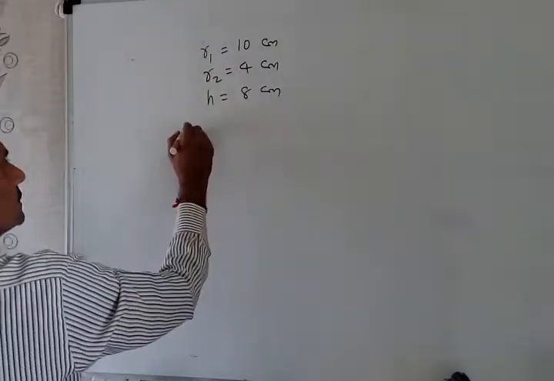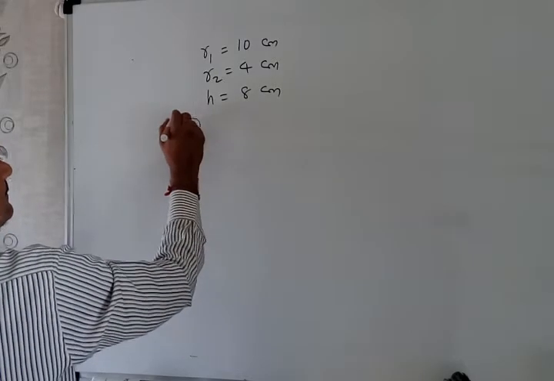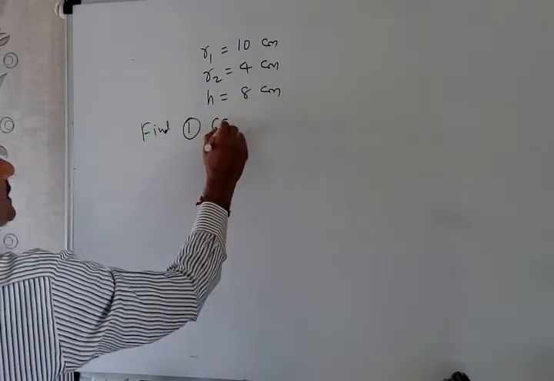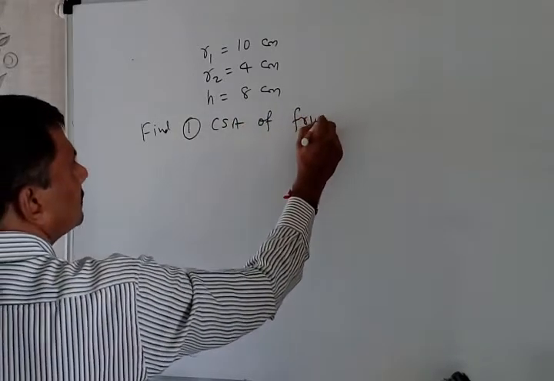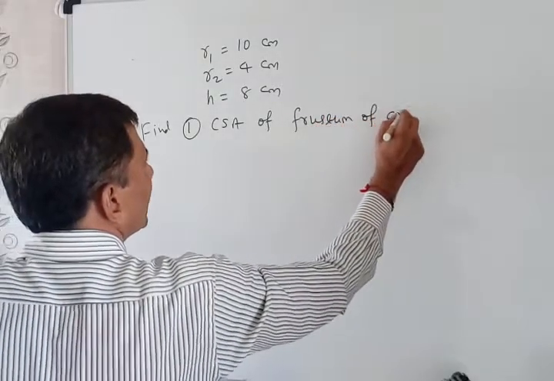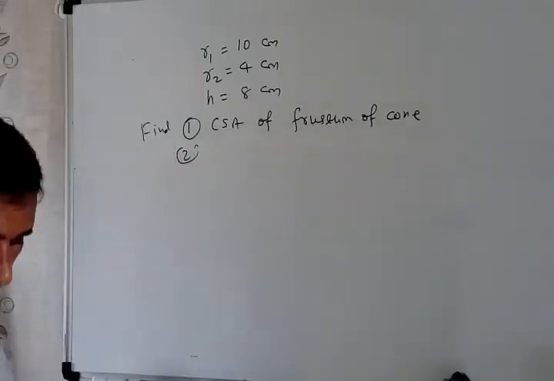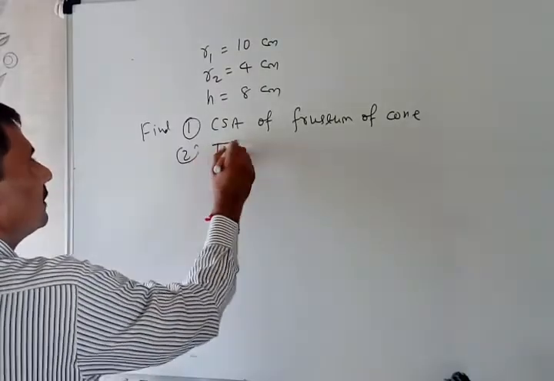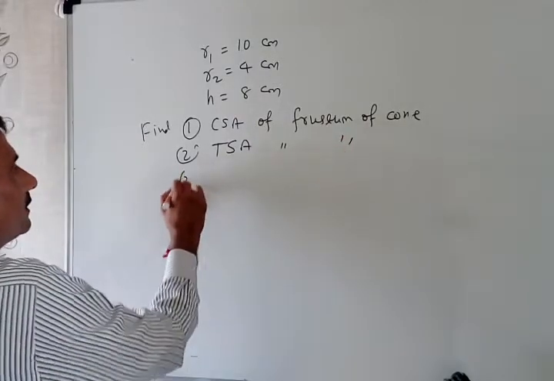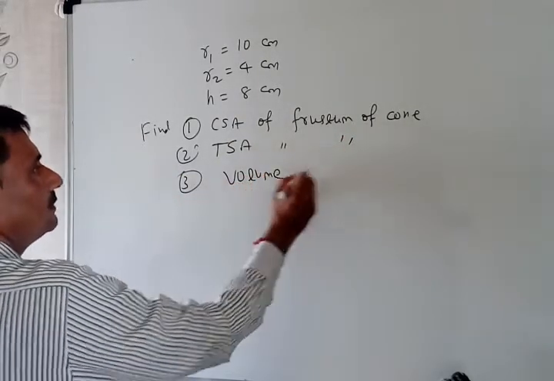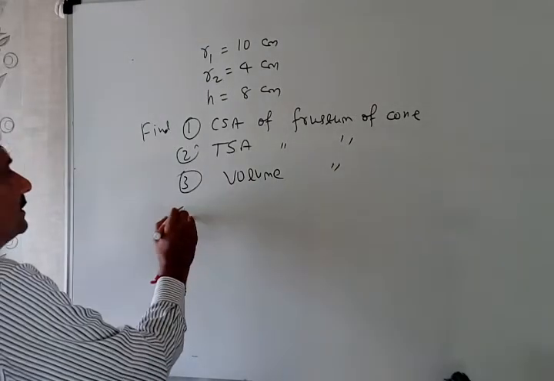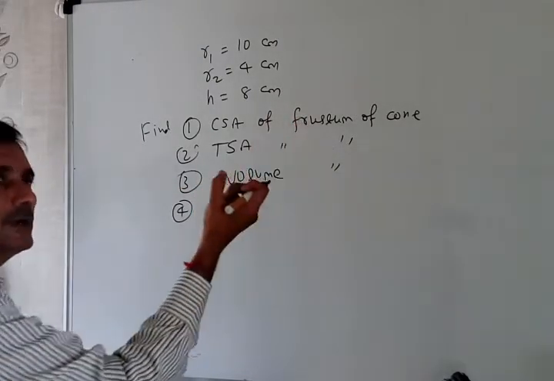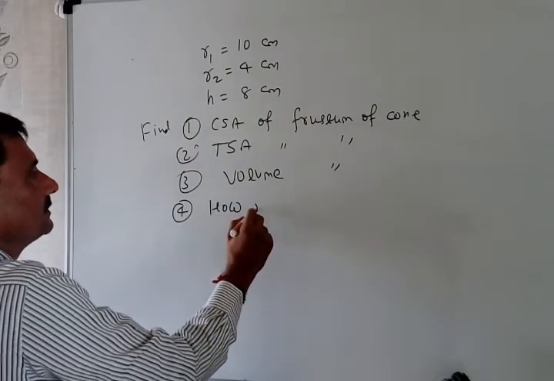This is for a frustum of a cone. So find the CSA of the frustum of cone, then the TSA of the frustum of cone, the volume of the frustum of cone, and suppose that it is only a vessel, how much material is used?